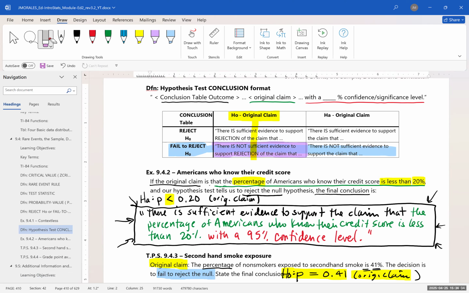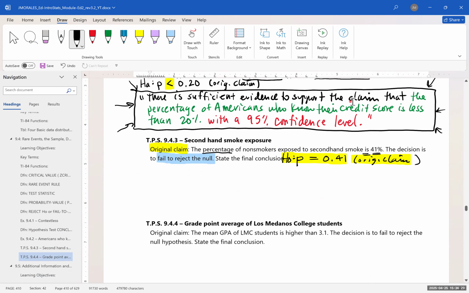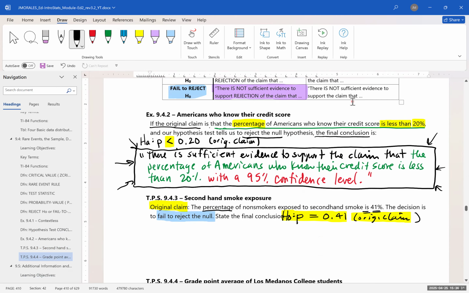So let me get rid of these colors maybe so it's a little easier to read. So the first thing we write is the conclusion table outcome. So we'll write what's in purple here first, then the original claim, and then saying what the confidence level was. Okay. So I'm going to be, unfortunately, off page here. Let's see. No, I can keep that barely in.